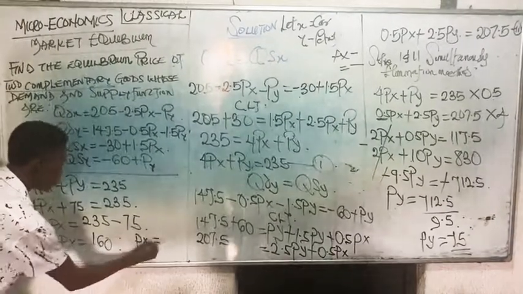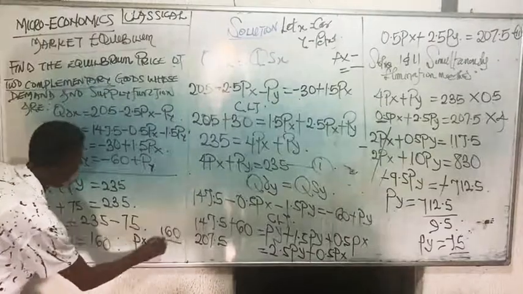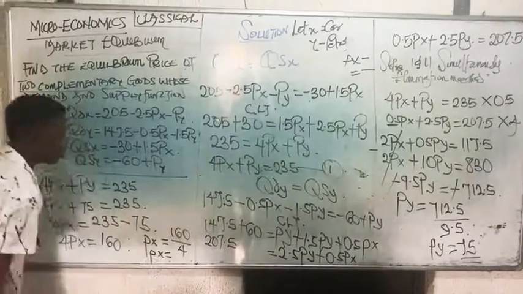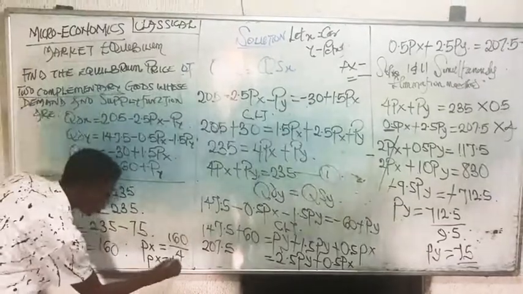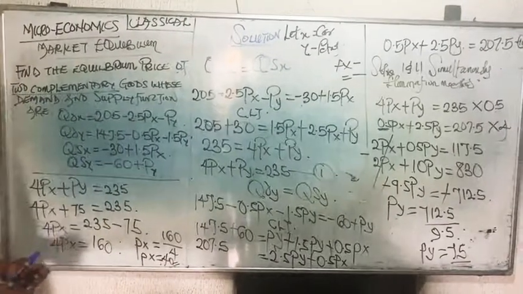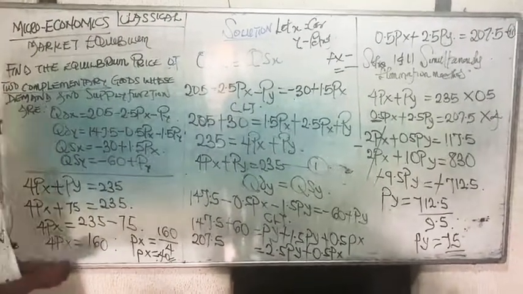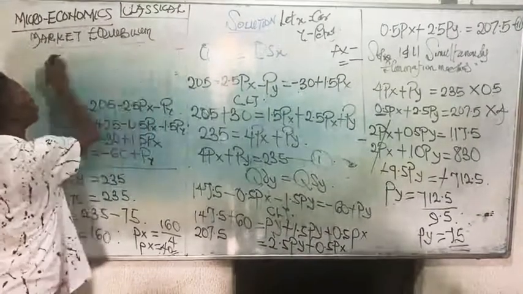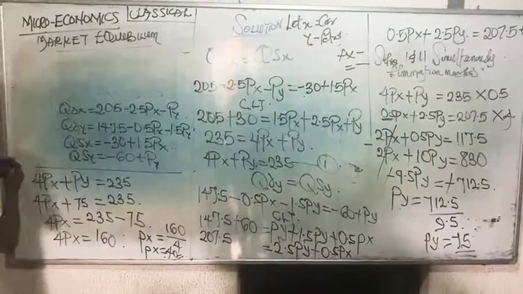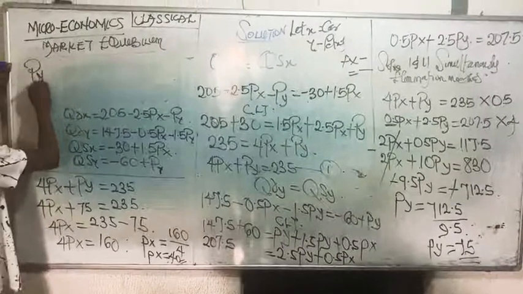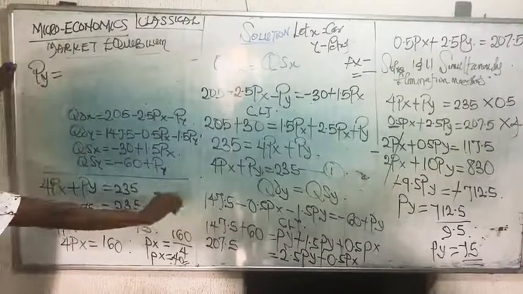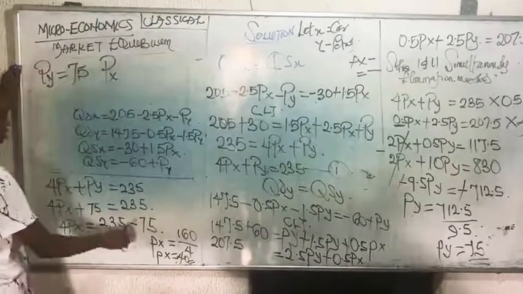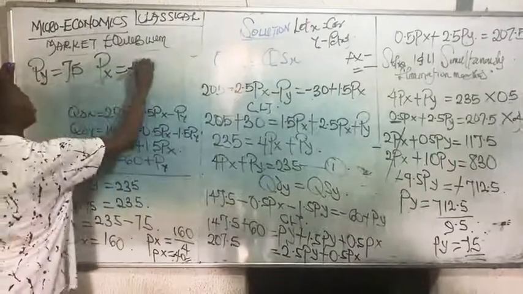Therefore Px equals 160 divided by 4, so Px equals 40. So we have determined my Py to be 75 and my Px to be 40.